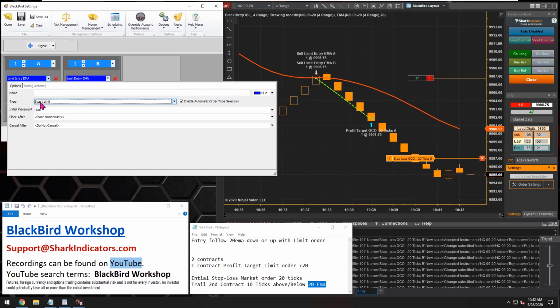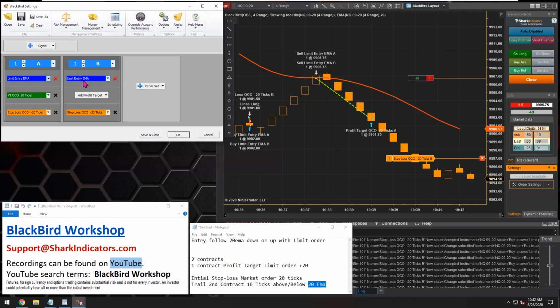You can let BlackBird automatically determine whether your entry should be a stop or limit, and so this option here, enable automatic order type selection, was specifically created for use with indicators. Obviously, indicators create this kind of inherent problem. So there's one solution for the entry order.